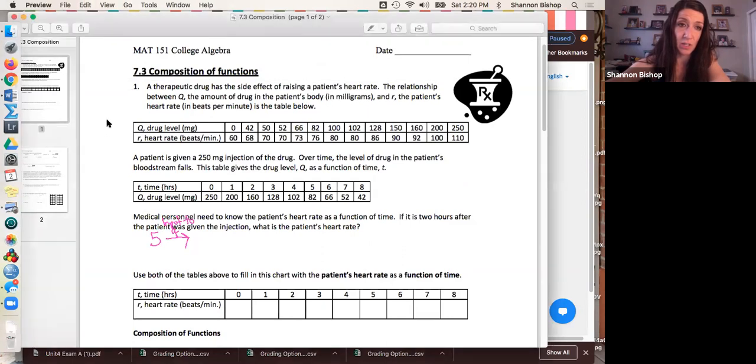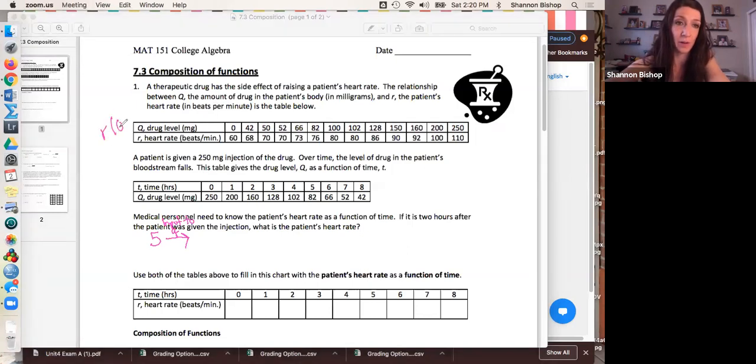So this function up here, input Q, output R, that would be R of Q. On this one, input time, output Q, so Q of T.